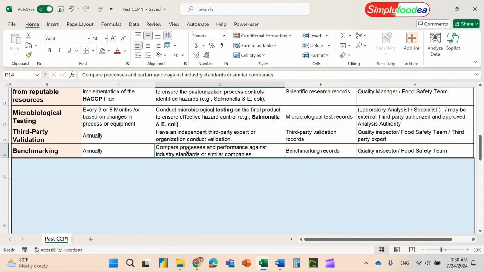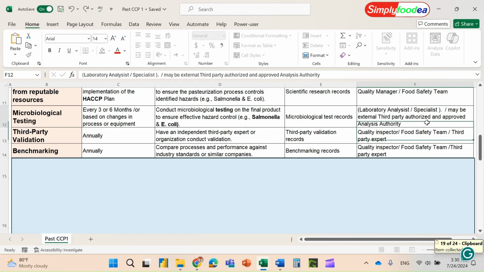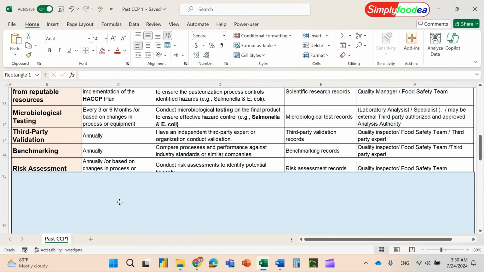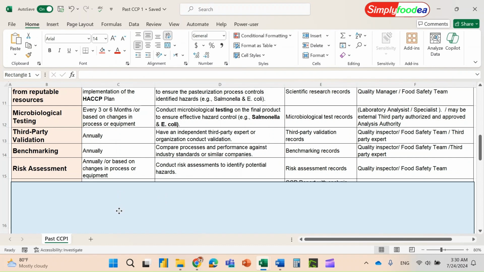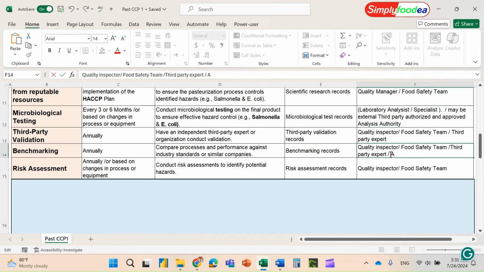So do I comply or not? The benchmarking records, if present, and the third party expert or third party authority. Very good.